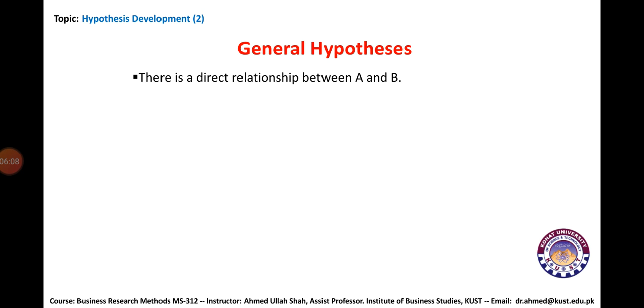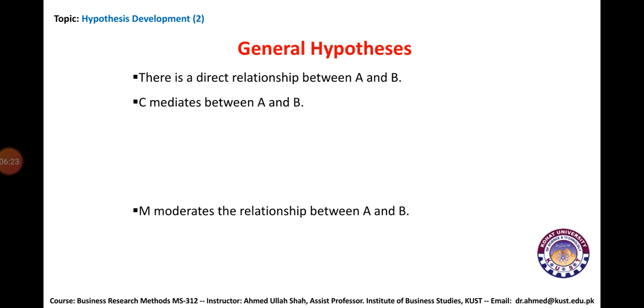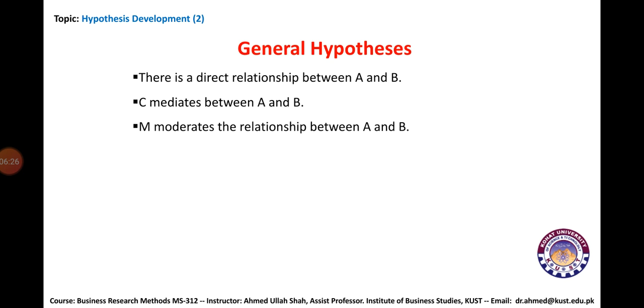Secondly, our mediating variable hypothesis could be: C mediates between variable A and variable B. Now, our third hypothesis could be: moderator M moderates the relationship between variable A and variable B. Here we have to recall our lecture number 10, which was related to different types of variable.